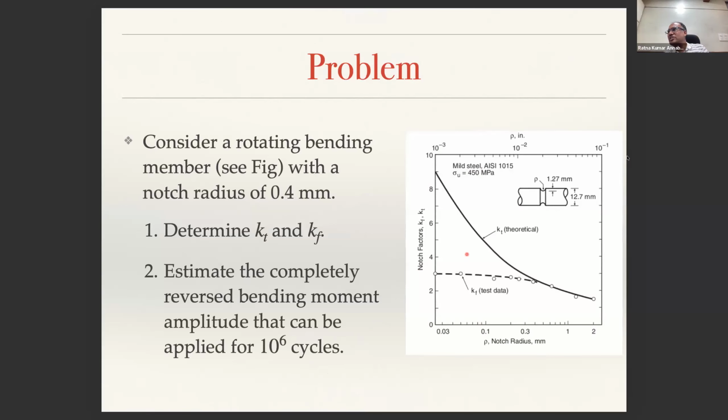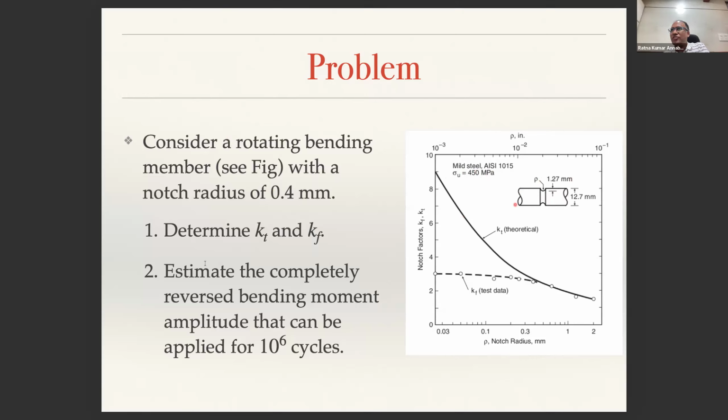So now let us look at this particular problem. You have a circular cross section whose shaft diameter is 12.7 mm, and there is a cut with a notch radius of 0.4 mm. Let us say this is a rotating beam bending member as shown in this figure, whose ultimate strength is 450 MPa.